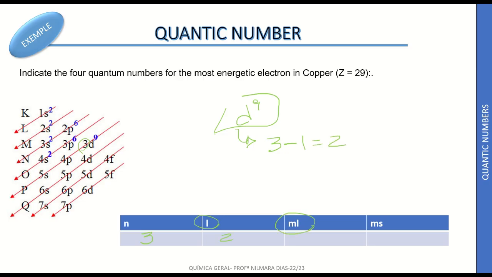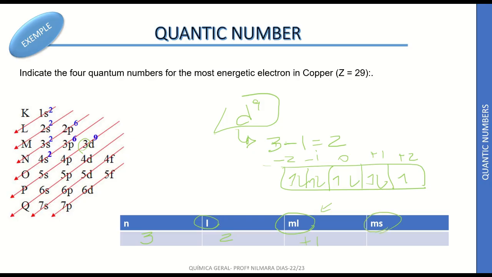And ML, remember, we have from -2, so -1, 0, +1 to +2. I have 9 electrons to distribute over here. So I have 1, 2, 3, 4, 5, 6, 7, 8, 9. So ML will be +1. And MS will be +0.5.